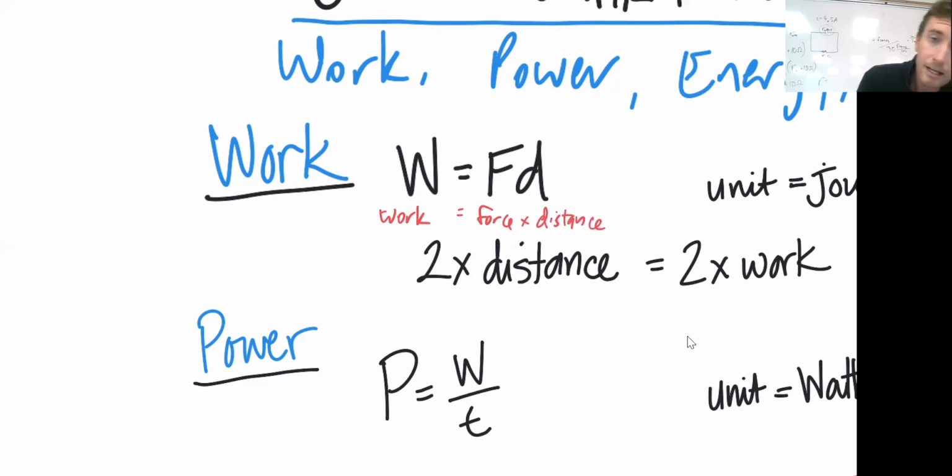What that means is that work is the amount of force that I'm exerting over a certain amount of distance. Remember, you have to actually put a force on something and the thing has to move somewhere. So you need both the distance and the force.